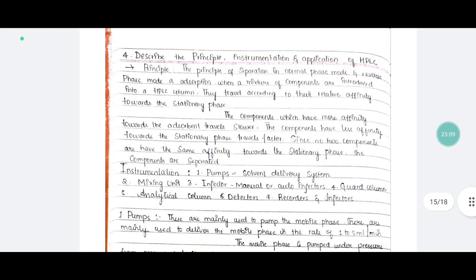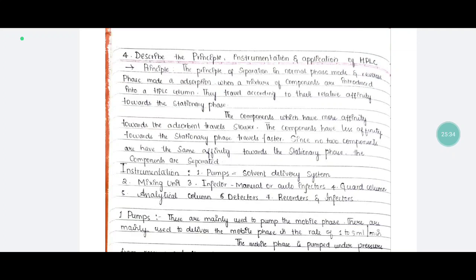And the next question, describe the principle, instrumentation and applications of HPLC. The principle of HPLC is separation in normal phase mode and reverse phase mode, based on adsorption. When the mixture of components is introduced into the HPLC column, they travel according to their relative affinity towards the stationary phase.